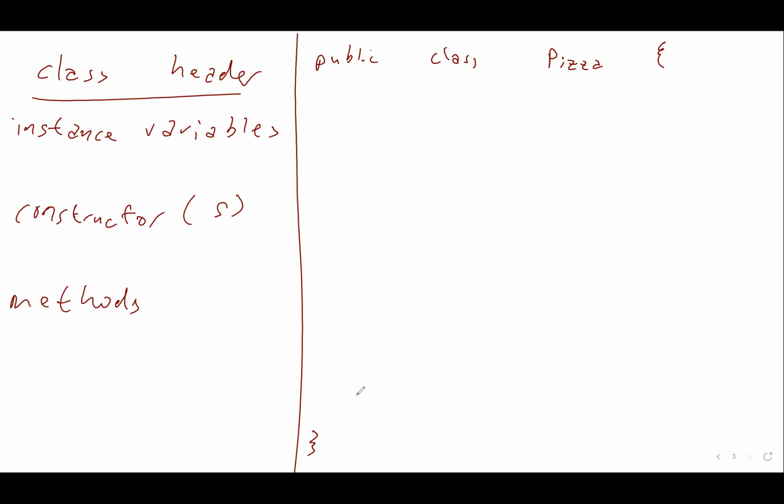What could we use for that? We could use an array of strings. So let's say we have a string array, square toppings. And then let's do size or radius, and that's just going to be an int.